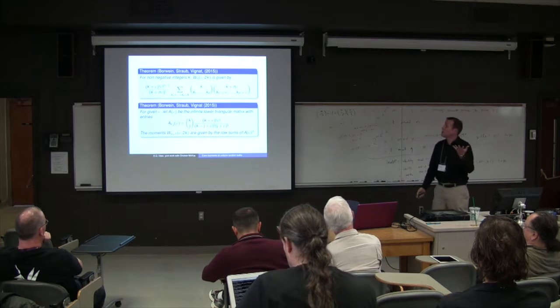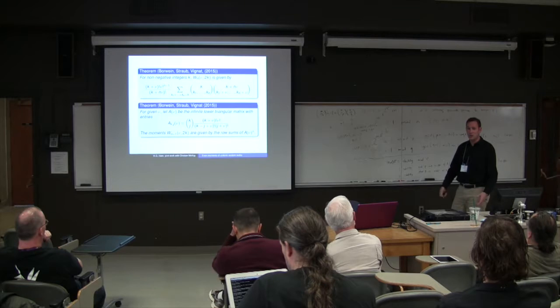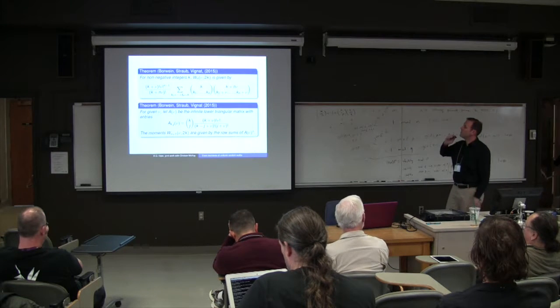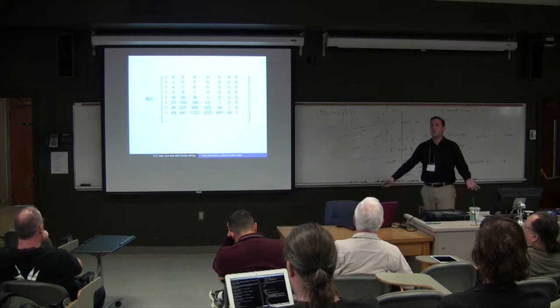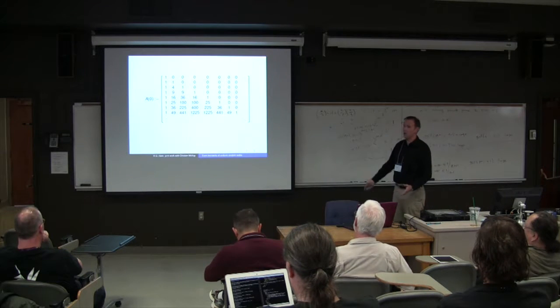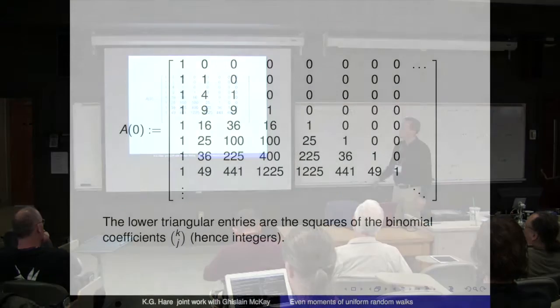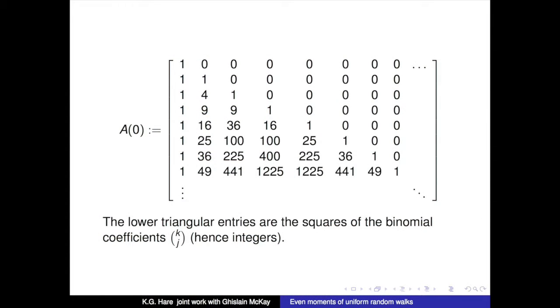And John had actually asked about drawing matrices in the first talk. I'm going to do that a bit later, but I should at least give you an idea of what these matrices are. Anytime mathematicians see a matrix and see numbers, they start looking for patterns. It doesn't take a lot of looking at these numbers to realize they're all squares. So you say, well, what happens if you actually look at the square root?